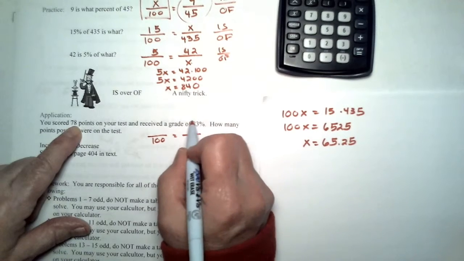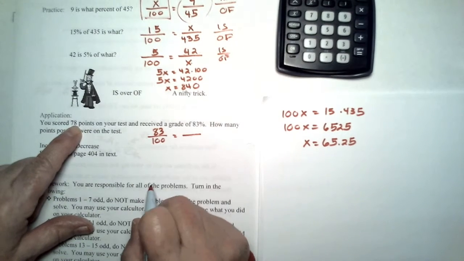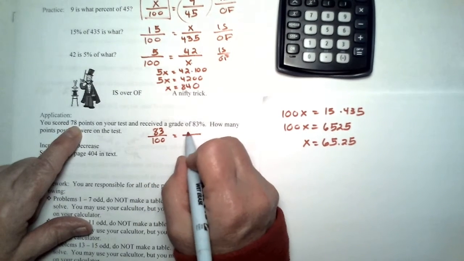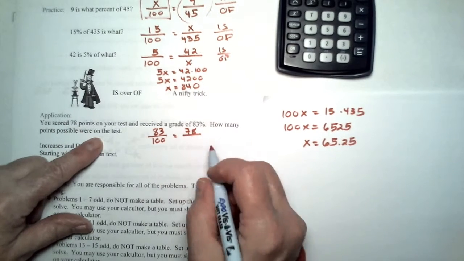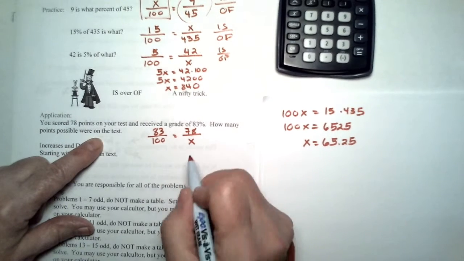First of all, I can take the 83 and put it in here. This is the part that you earned. How many points were possible? What's the base? That's the question here.